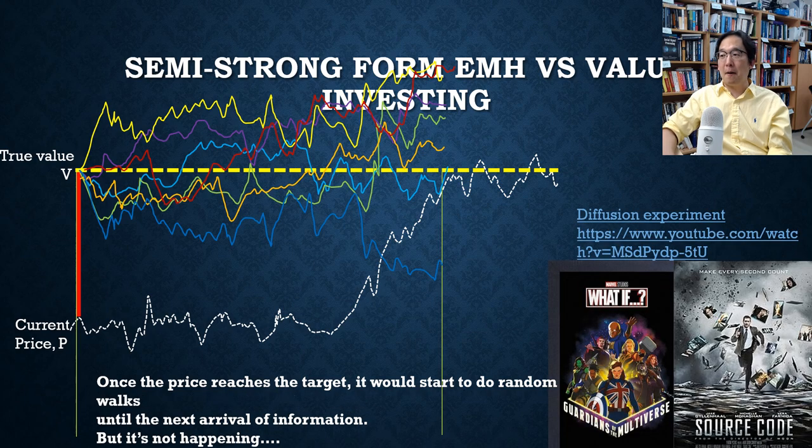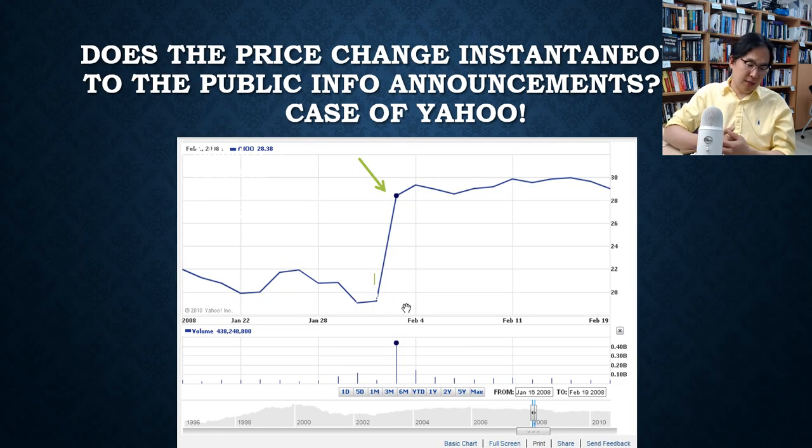Is there any evidence supporting this semi-strong form market efficiency? Plenty of them, actually. Here's one example. When Microsoft announced that they will take over Yahoo. What is Yahoo? Before Google, there was Yahoo, the search engine. Seems like it's the Stone Age, about the time you guys were born.